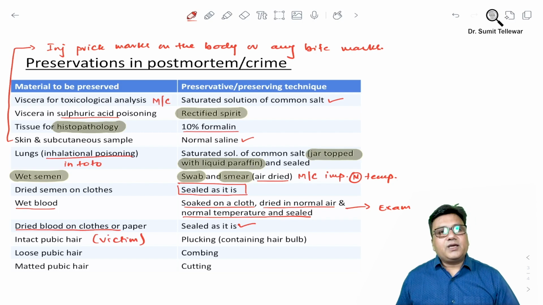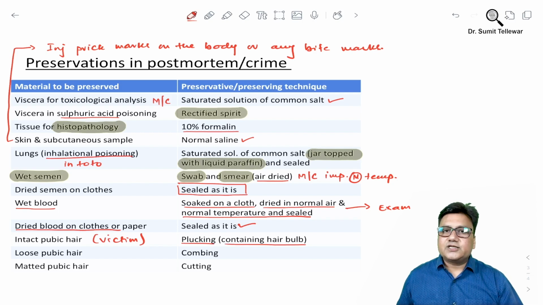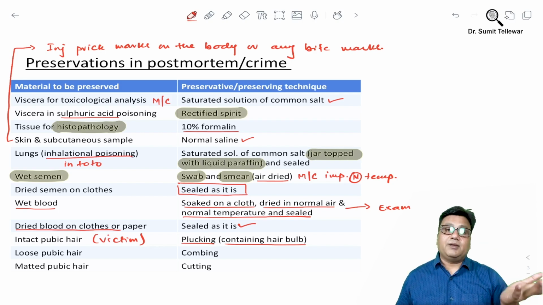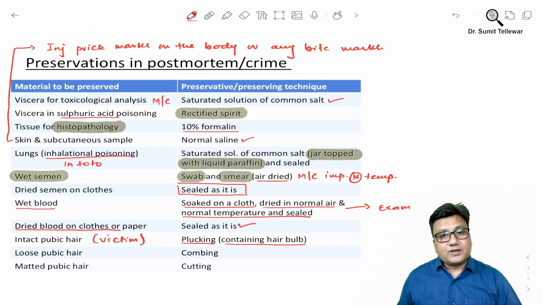These are to be preserved by plucking. The idea is to preserve the hair bulb along with the hair shaft also. Loose pubic hair may belong to the victim, or they may be of the assailant who might have sexually assaulted her, so they need to be collected by combing.